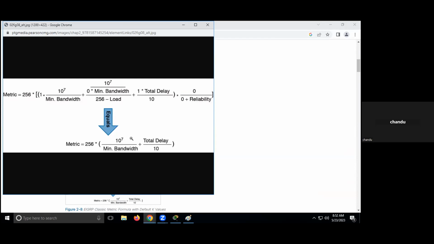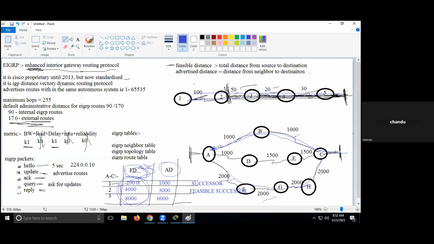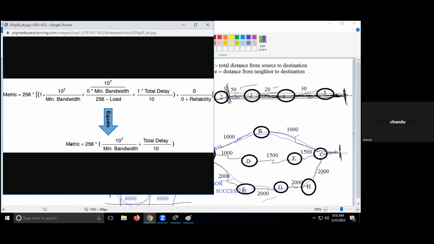It uses this metric calculation and gives you the FD value, the feasible distance. Metric is equal to 256 multiplied by 10 power 7 divided by bandwidth plus delay.